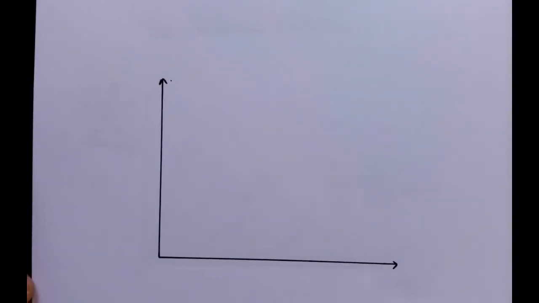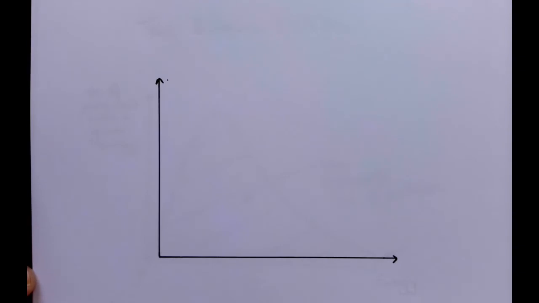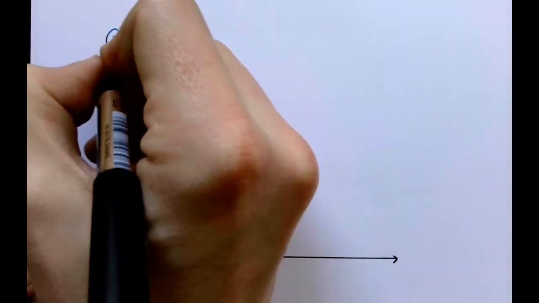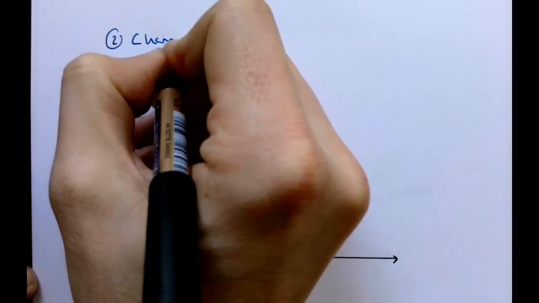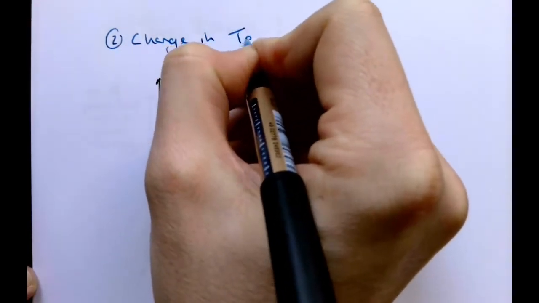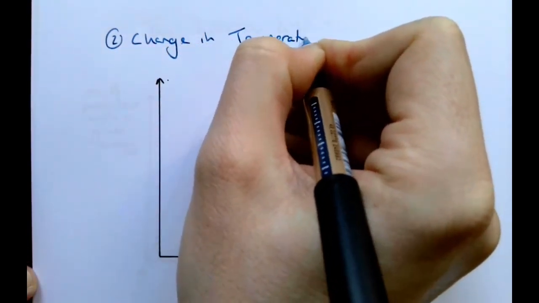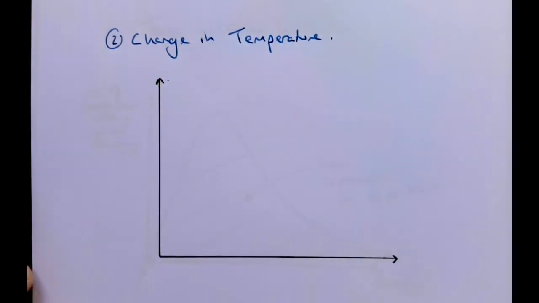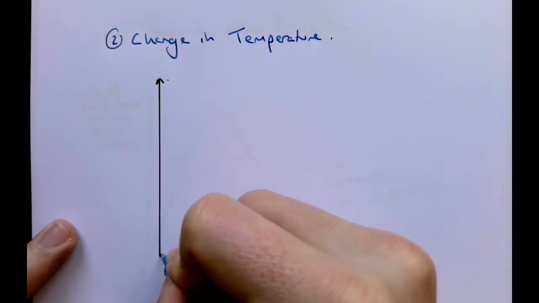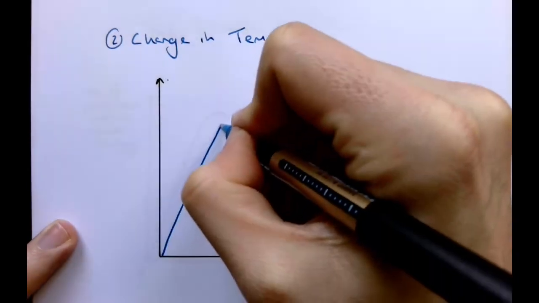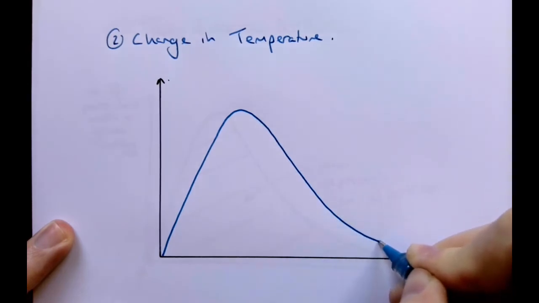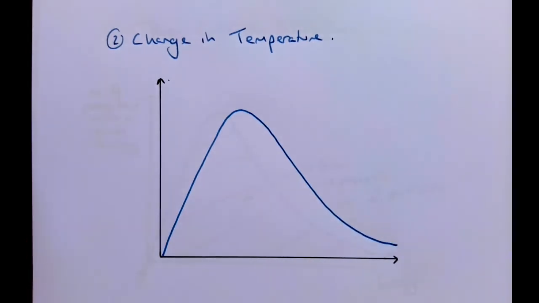Situation number 2 is a change in temperature. If I have my distribution of energy in my gas, when I change the temperature, I don't change the number of particles.